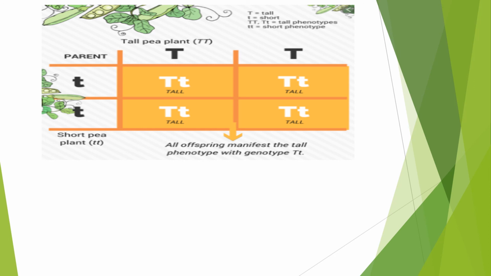Then in the second square take the capital T and the small t. First complete the first line, then again you get capital T and small t. Now come to the next line. Again take the capital T and small t from the left side, and you get capital T and small t, and in the last square again you have one capital T and small t. So like this you get a heterozygous character which has one capital T and one small t, meaning two different alleles.